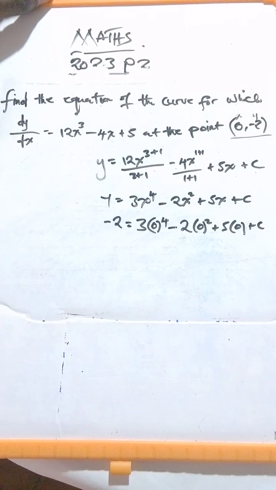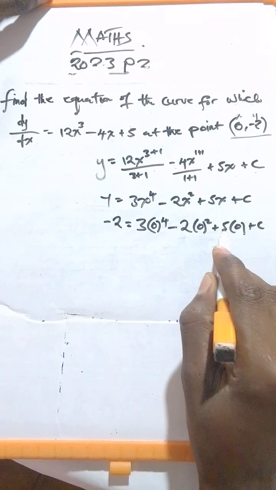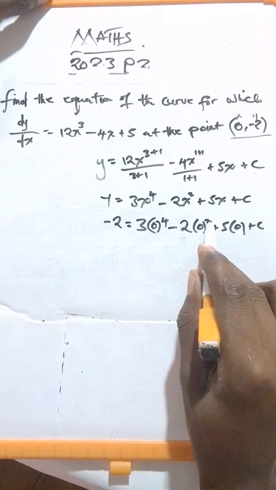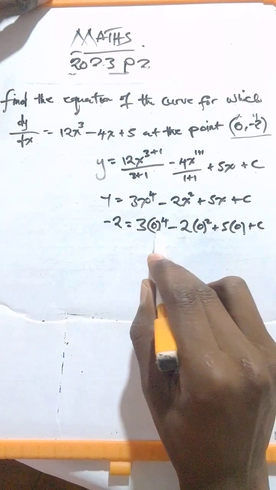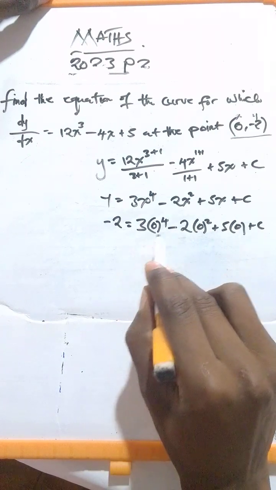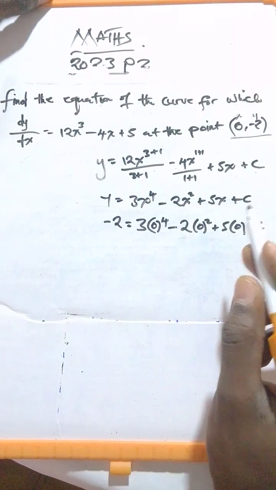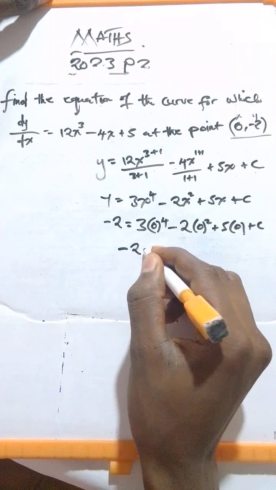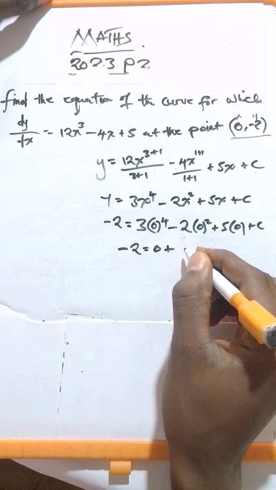Once we have something like this, we know that if you multiply any number by 0, it will give us 0. 0 to the power 2 gives us 0, 0 times 2 gives us 0, minus 0 to the power 4 gives us 0, then 0 times 3 gives us 0. Then you have negative 2. So in short, negative 2 is equal to 0 plus c.